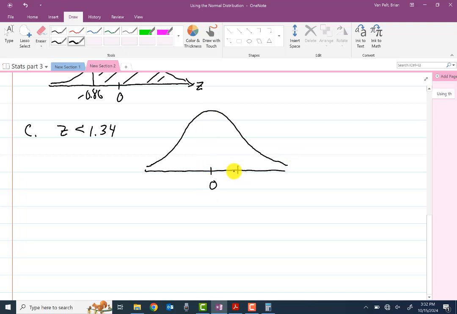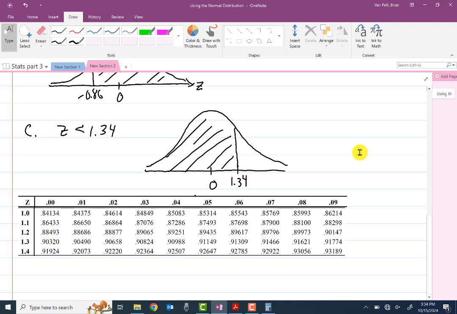So 1.34 is going to be on the right side. And the table is structured in such a way that I can look up 1.34 on the table.